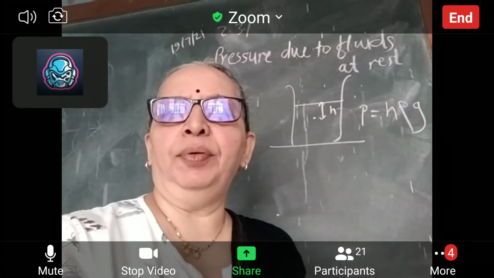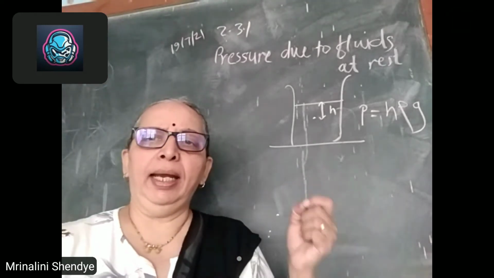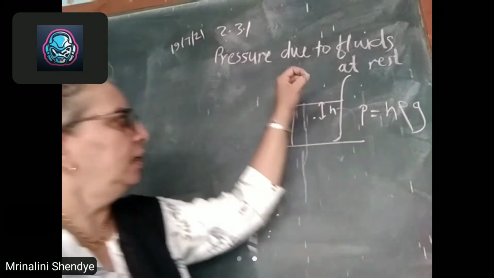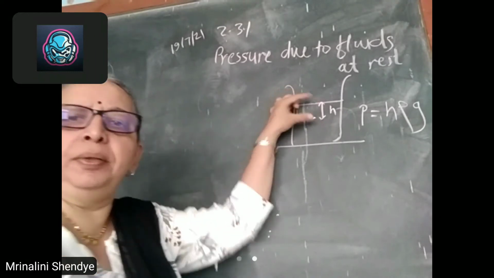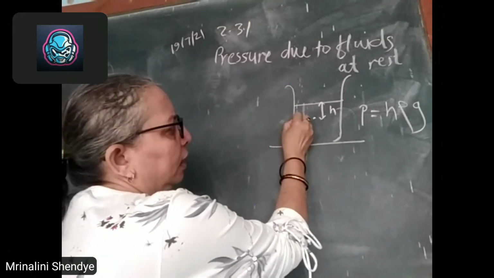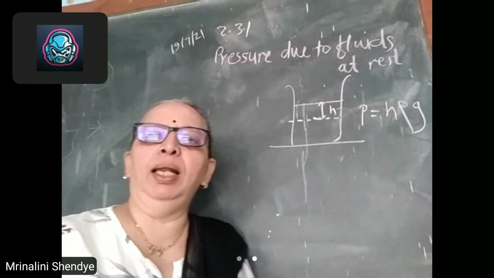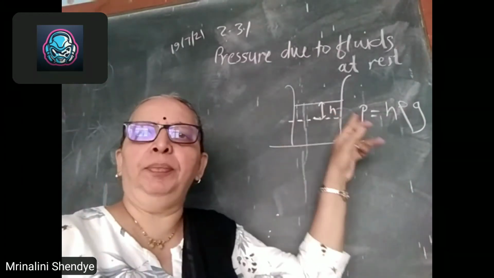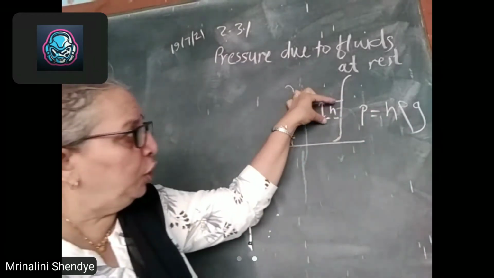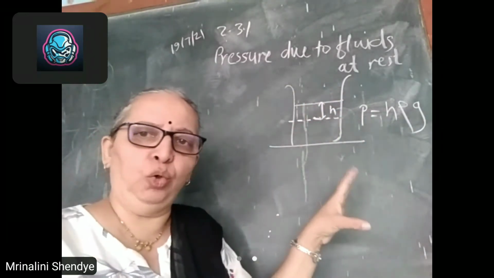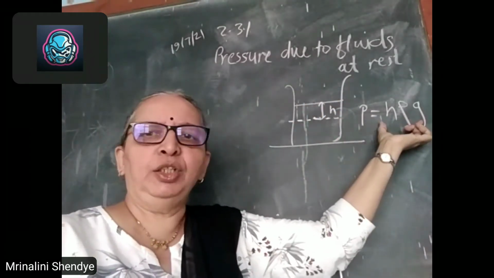We'll proceed further. So at every point at depth h, if you consider the points lying at the same horizontal level, they experience the pressure due to fluid only, equal to h rho g.